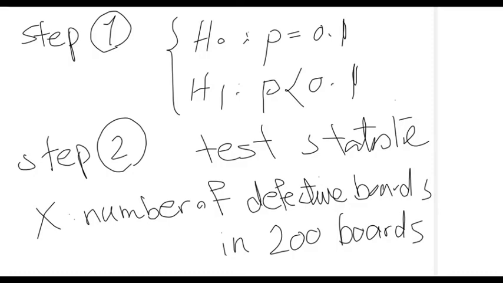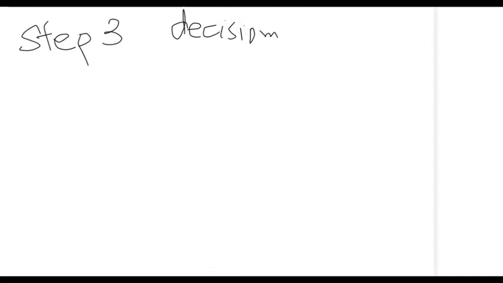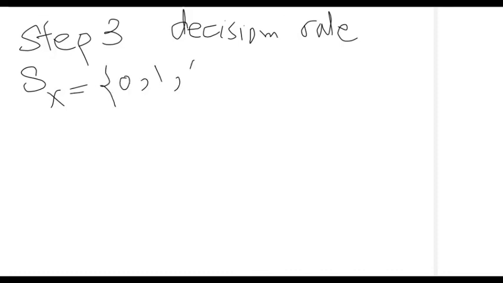Step 3, we need a decision rule. The number of defectives in 200 boards can be 0, 1, 2, 3 to 200.